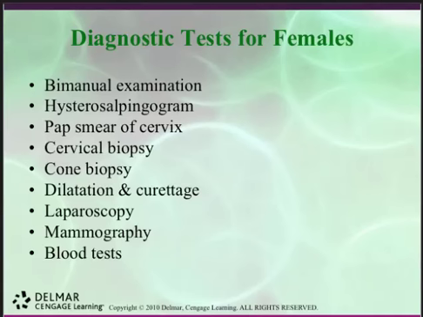The external examination would be to palpate the uterus. The internal examination would be to palpate the cervix and the vaginal opening for any unusual disease states, growths, wounds, infection.